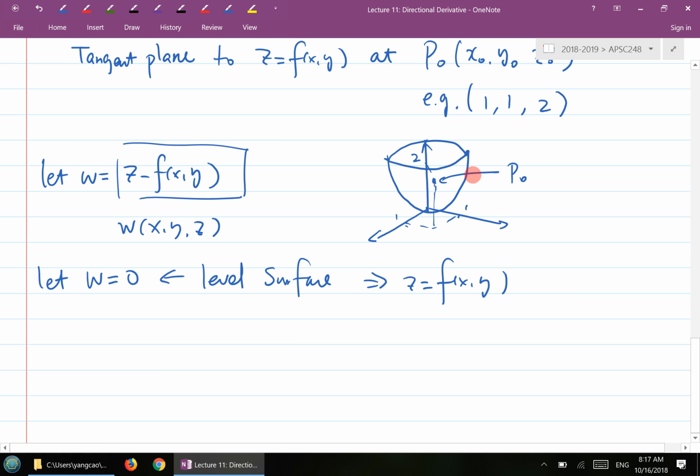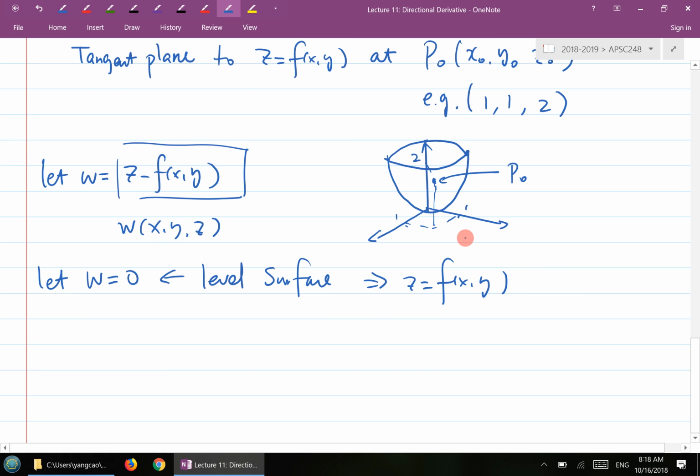If you think about a surface in 3D space, you can always think of that surface as part of a level surface of another function. It's like in the universe, there are always bigger things. So this surface is part of a cluster of level surfaces given by this w function. When you let w equal 0, you get this surface. Now things will be easier.